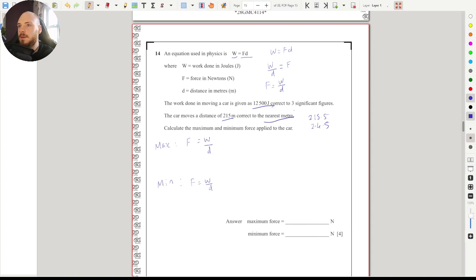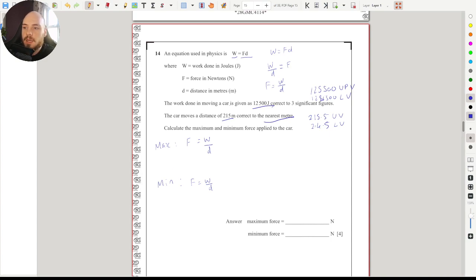Again, this is correct to three significant figures, so this value here could be 12,550, which would still round to 12,500 to 3 sig figs, or it could be 12,450. Correct to three significant figures. So that would be our upper value or lower value, UV or LV.